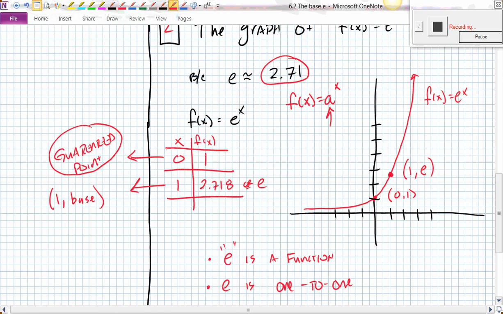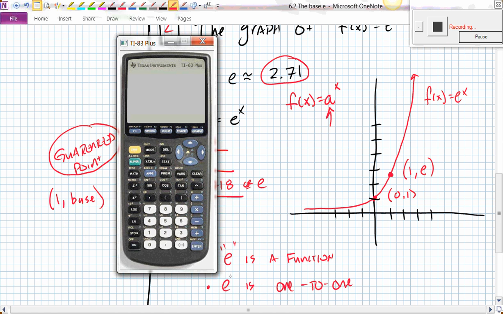Okay, so on the calculator, if you wanted to graph this function, turn your calculator on, go to y equals, hit second e, and then to the x power. So second e to the x, just like that in parentheses. I'm going to zoom 6 to make sure we're looking at the same thing. And there we go.